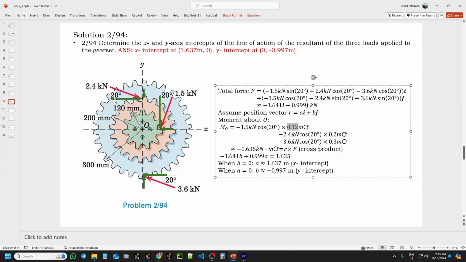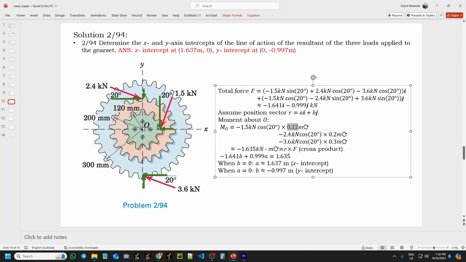What about these ones? Again, this is clockwise. And what about this one? Again, this is clockwise. So how much is the moment arm for these ones? 200, because this one, the radius is 120, this one is 200, and this one is 300. For the orange one, the radius is 200.